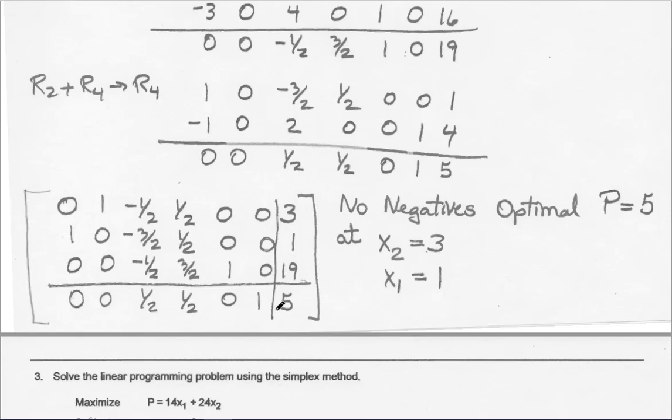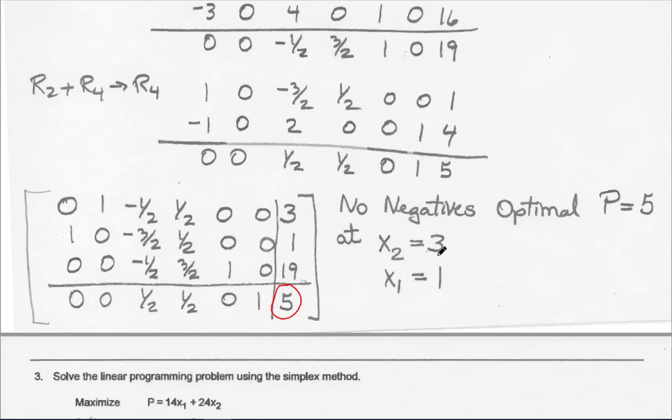All the negatives have gone away. Therefore, we have reached the optimal solution. What solution? This number in the bottom here. That is the optimal. So at our x1 and x2, P is going to be 5, and that's the maximum over our entire region.